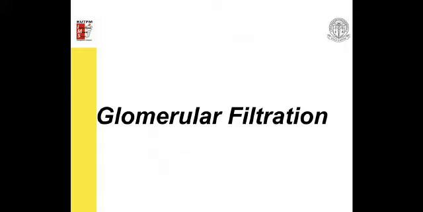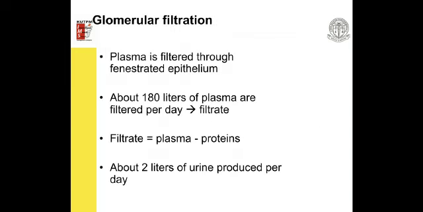So, glomerular filtration, as you all know, is the rate at which the filtrate is formed in all the nephrons in a unit time. The normal GFR is 125 ml per minute, which is 180 liters per day. During the process of filtration, a protein-free and cell-free filtrate is formed in the PCT, hence it is ultrafiltration.